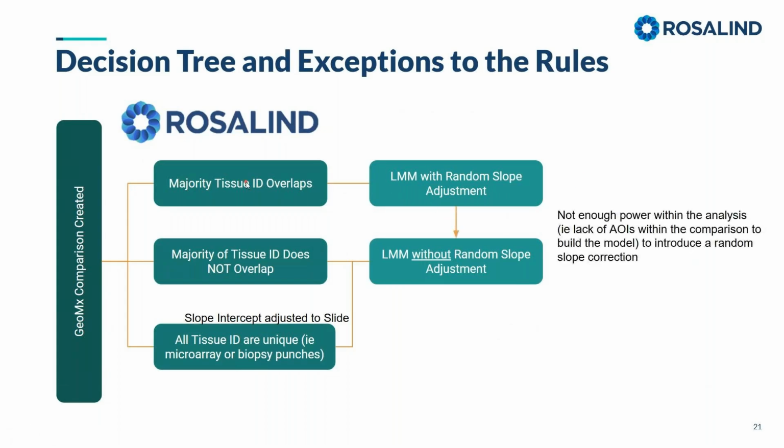Additionally, maybe you have a majority of tissue ID overlaps, and so we're going to run a linear mixed model with random slope, but maybe you don't have enough power within that analysis to introduce that random slope correction. So a lot of these things can come into effect. So we're going to automatically correct with a linear mixed model without that random slope adjustment, because this requires an additional fit. So: not enough power, maybe a lack of enough AOIs, so a small sample size.